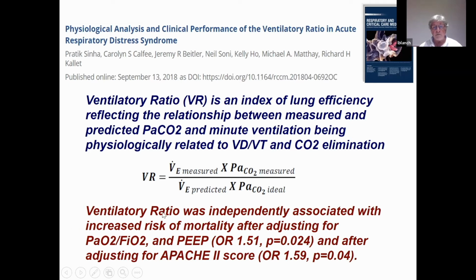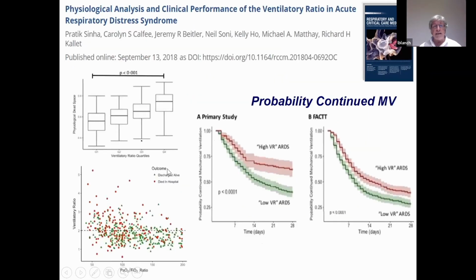So the ventilatory ratio measured in that way was independently associated with increasing risk of mortality after adjusting for PaO2, oxygenation, PEEP, and severity. And looking specifically at data from that study, this is physiologic dead space, this is ventilatory ratio. Again, a nice correlation here, as you will see. All this is significant, but this is not significant with oxygenation.